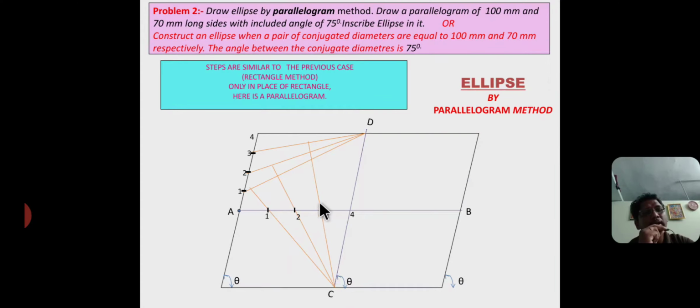The intersecting point of C1 line and D1 line is this point.